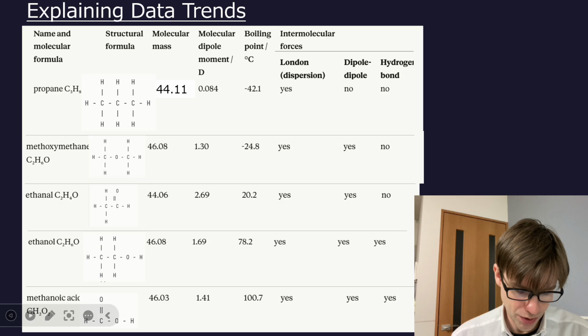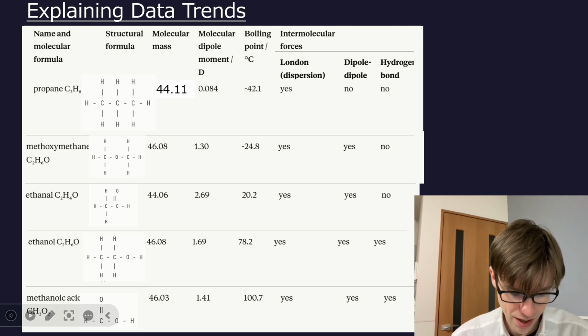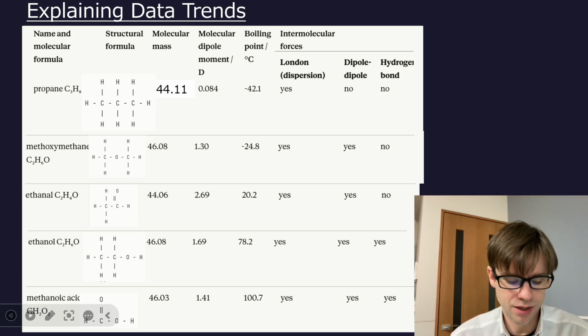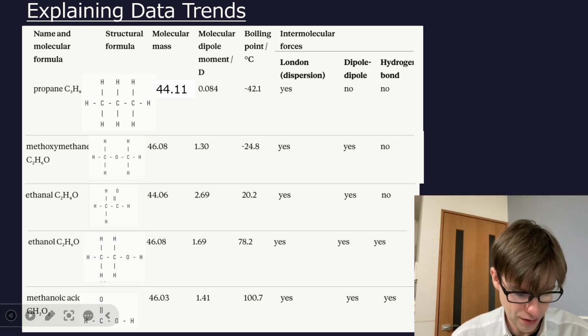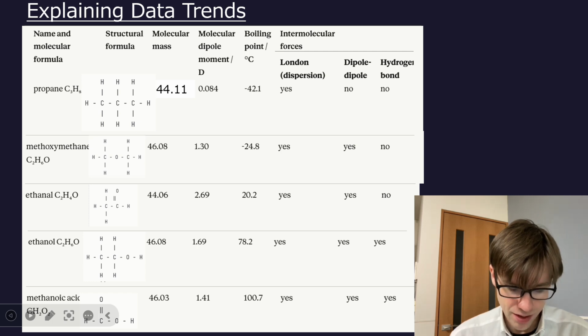now the boiling point of ethanol is actually a lot higher than ethanal, even though it has a lower dipole moment. How is that possible? So we've lost the carbon-oxygen double bond. The oxygen isn't pulling quite as much electron density to itself in ethanol, so it has less of a dipole moment, 1.69, and yet its boiling point is much higher. It comes again from the intermolecular forces.